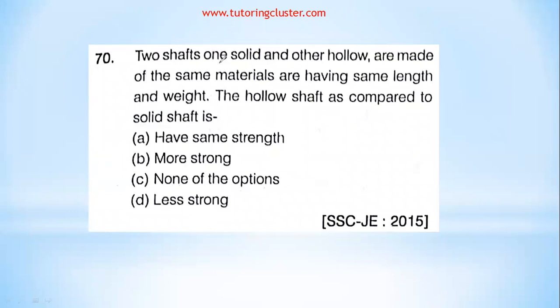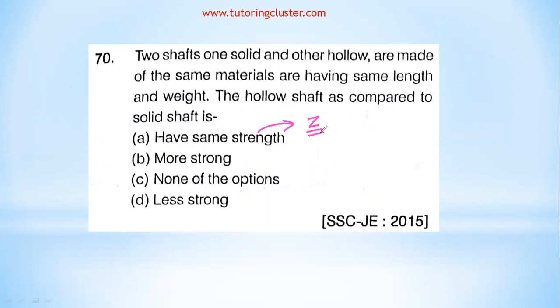Whenever you compare a solid shaft and a hollow shaft made of the same material, having the same length and weight, the first thing I have already told you: strength will depend on section modulus. If all the dimensions are given, you can calculate the respective section modulus and then compare the strength.